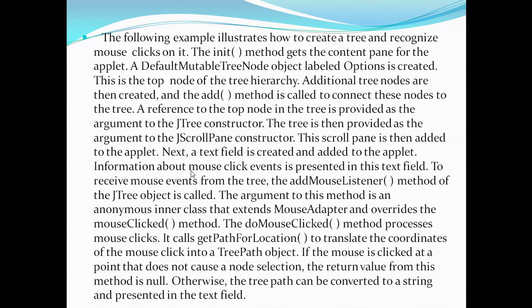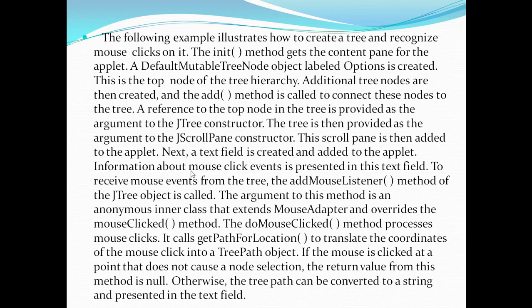Next, a text field is created and added to the applet. Information about mouse click events is presented in this text field. To receive mouse click events from the tree, the addMouseListener method of the JTree object is called. The argument to this method is an anonymous inner class.